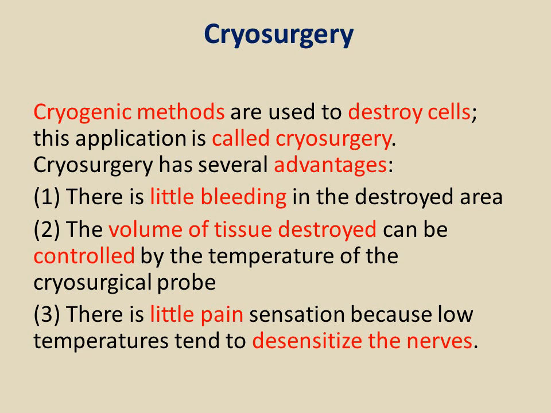There is little bleeding in the destroyed area. 2. The volume of tissue destroyed can be controlled by the temperature of a cryosurgical probe. 3. There is little pain sensation because low temperatures tend to desensitize the nerves.